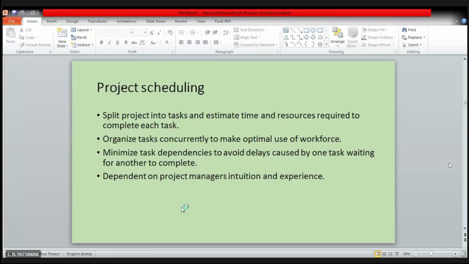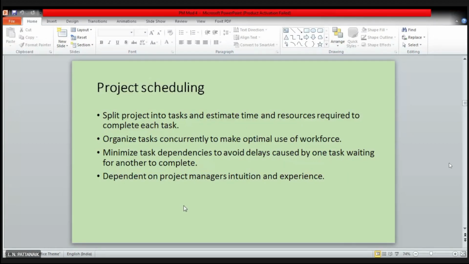Of course, resources. Different activities require different types of resources, be it skilled manpower or machines or even materials. So different activities need different resources, and you also have to fix that for this activity these are the resources. Of course, that is not part of your project scheduling.